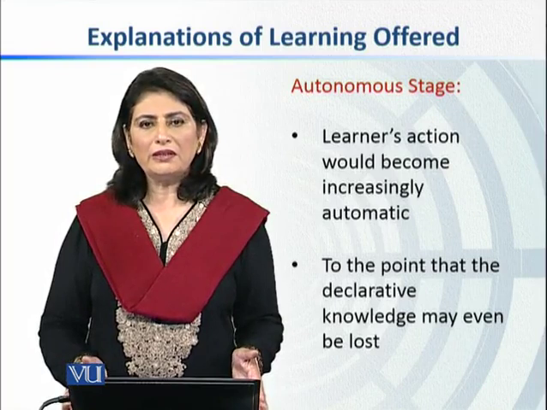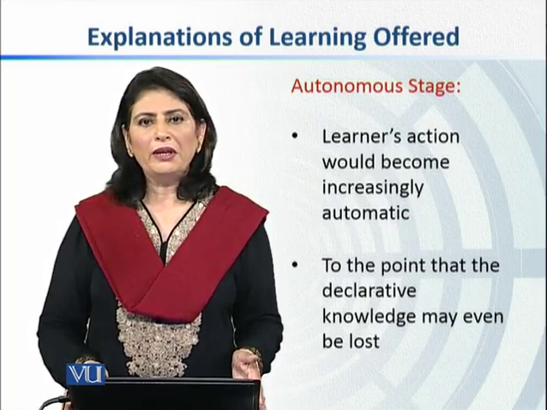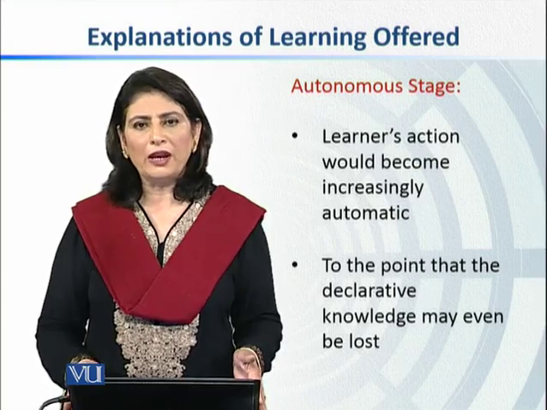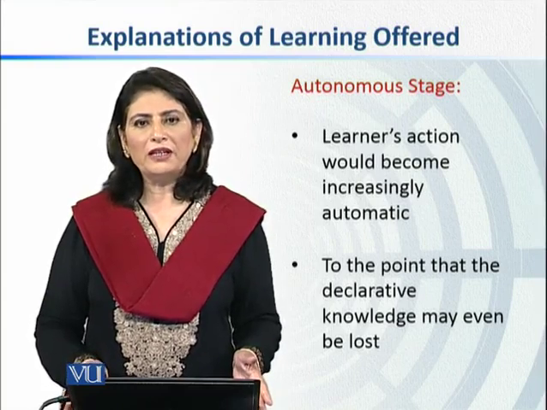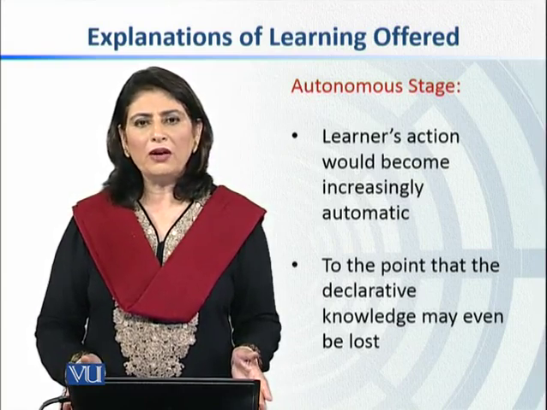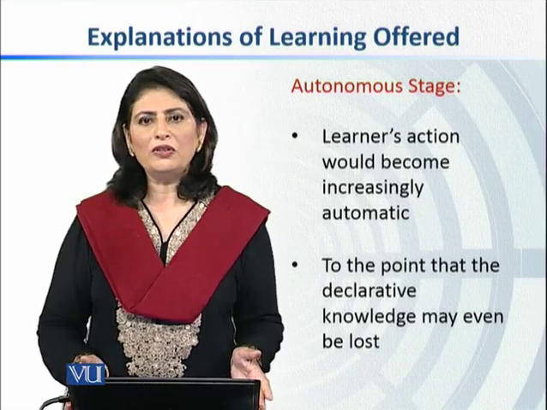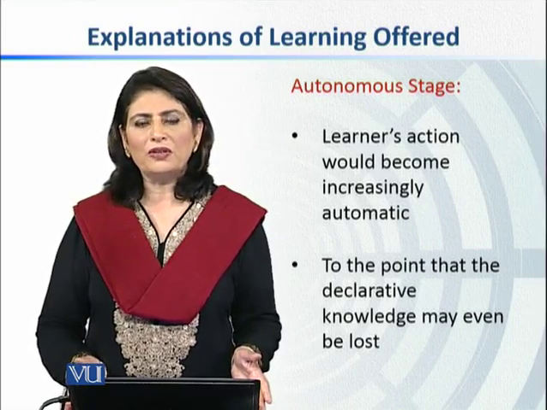Now this is the stage when the child has learned the rule by associating it so many times that it has become automated. So by being automated, it is almost applied without conscious effort.